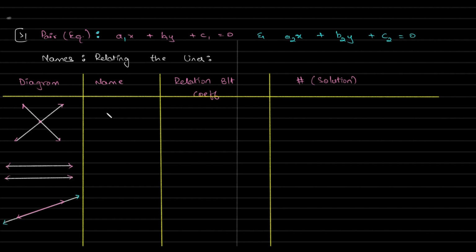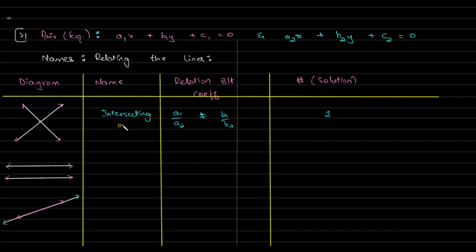So this is your intersecting. The relationship between the coefficients is a1 by a2 not being equal to b1 by b2. And the number of solutions, that is the number of times the lines will cross each other, is 1.